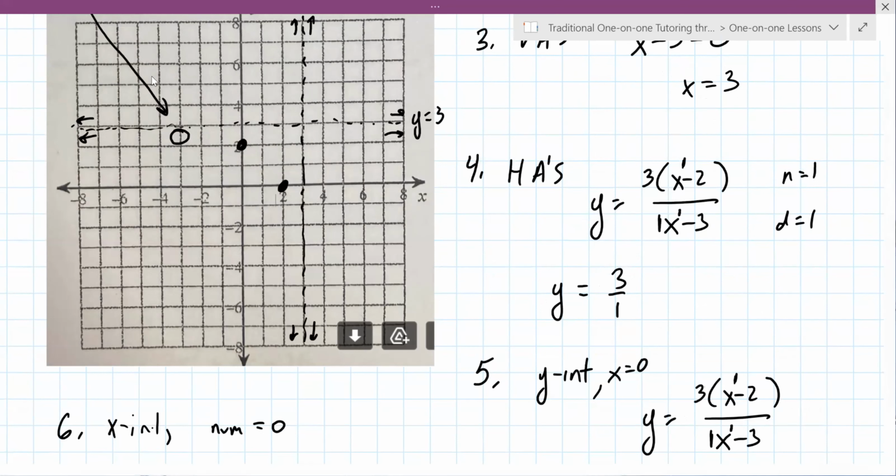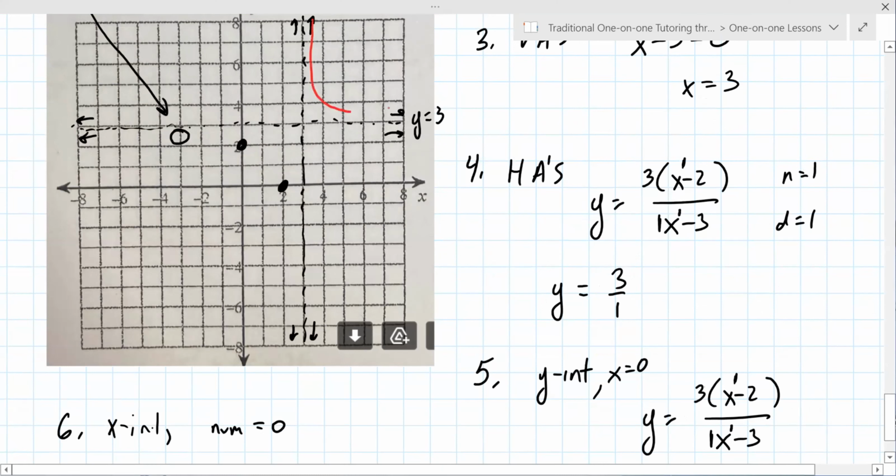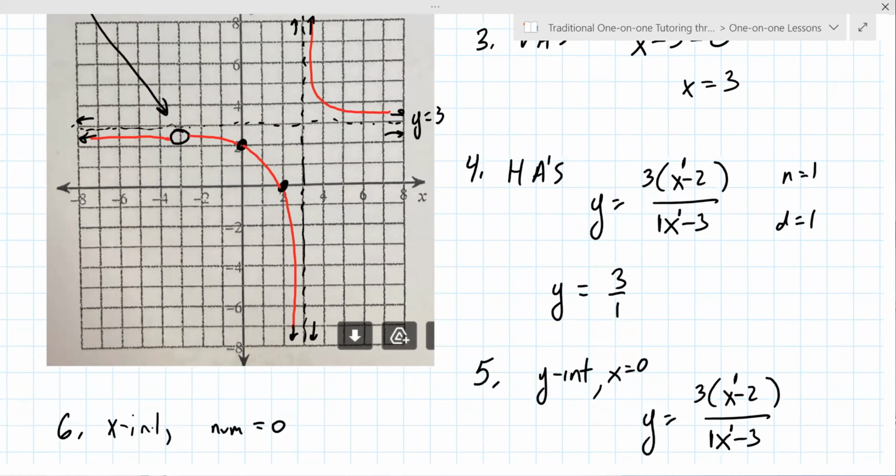But if you've got your graphing calculator and you do have a graph, you'll see that this up here connects, and then the hole connects to the y-intercept, connects to the x-intercept, and then the only place it can go is down and down. You probably can see that with your solution there as well.